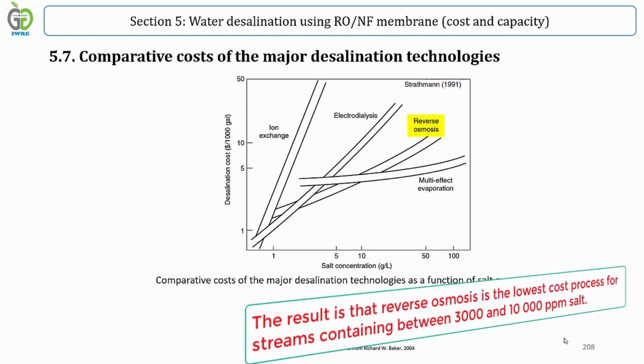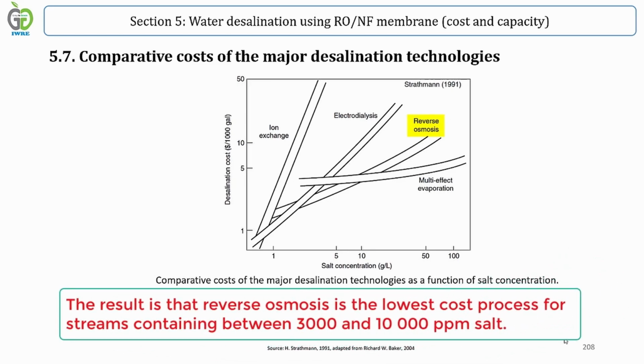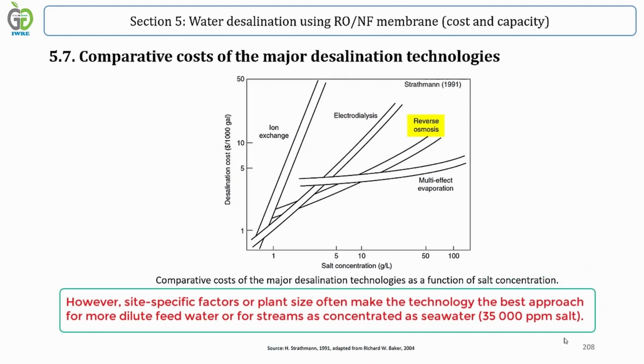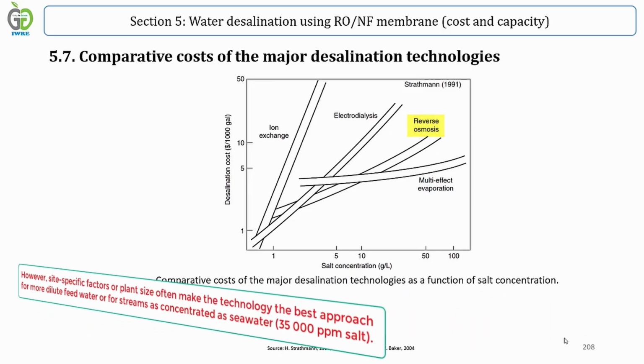The result is that reverse osmosis is the lowest cost process for a stream containing between 3,000 and 10,000 ppm salt. However, site-specific factors or plant size often make the technology the best approach for more dilute feedwater or for streams as concentrated as seawater, through 50,000 ppm salt.